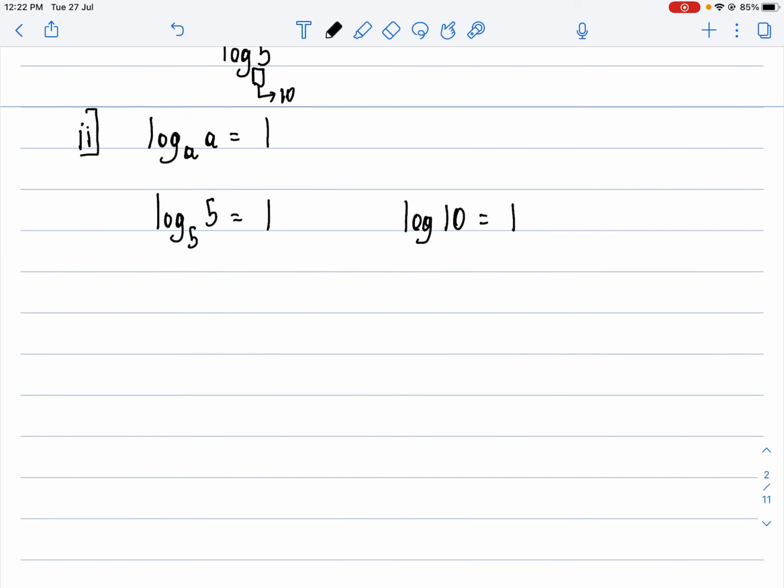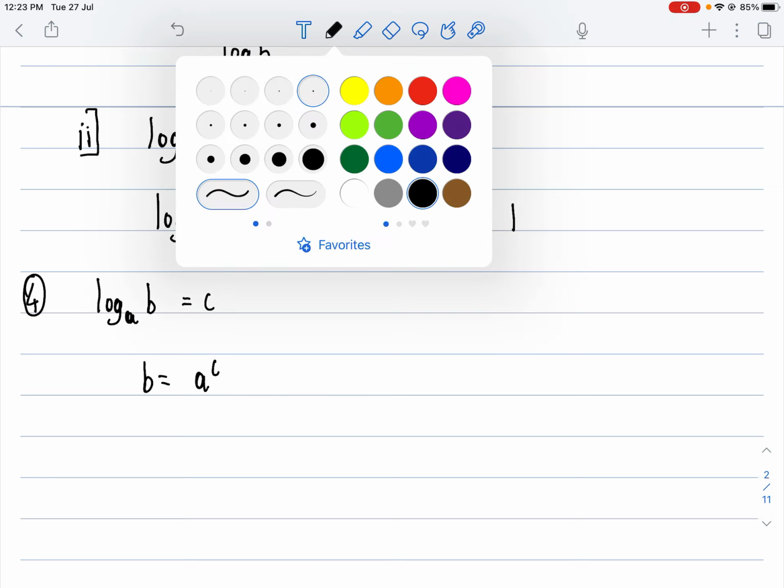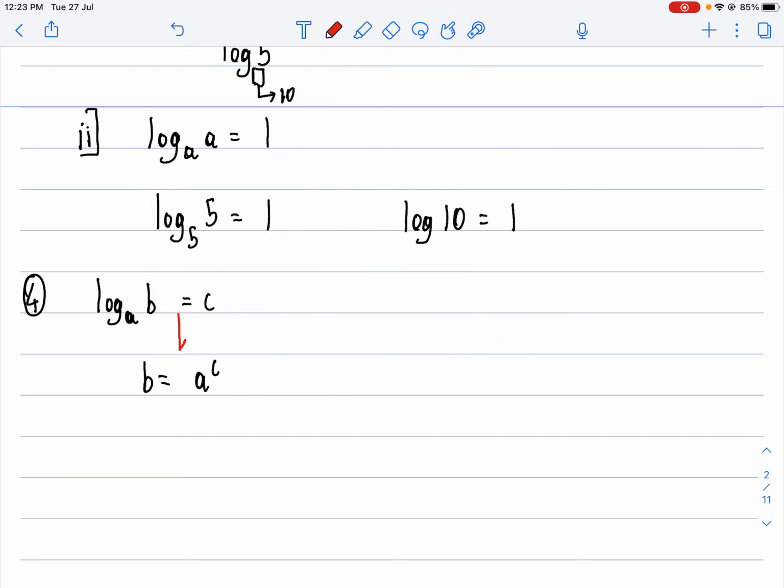Now we can go to the fourth property. The fourth property is that the log of b with the base a equals c can be written as b equals a raised to c. This is how I can write this.